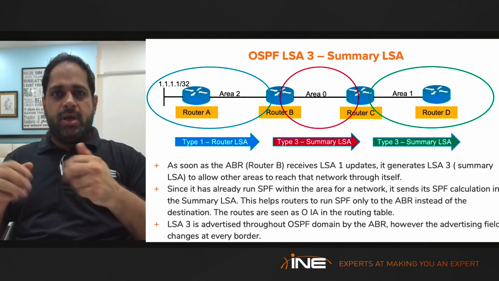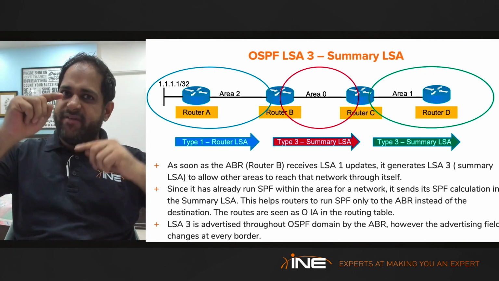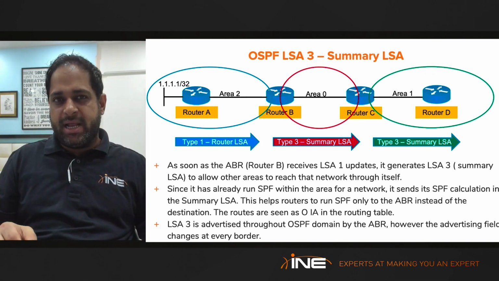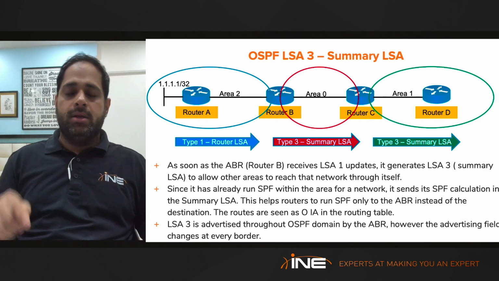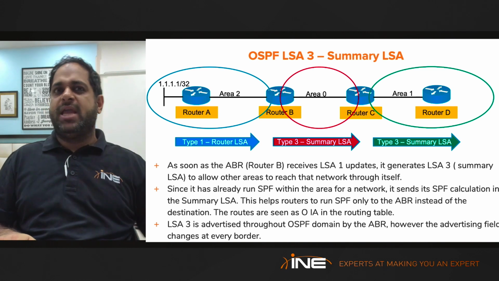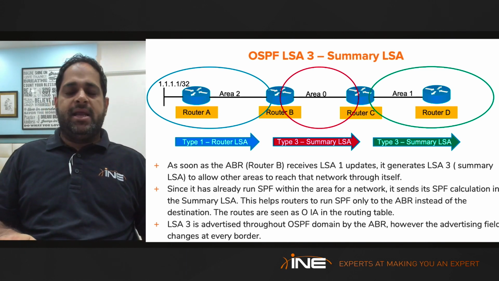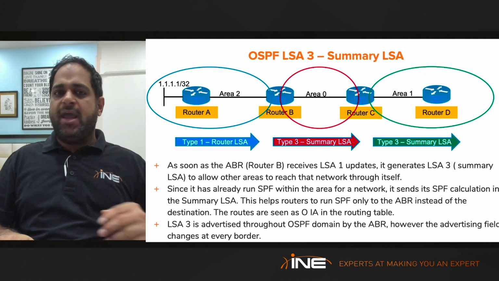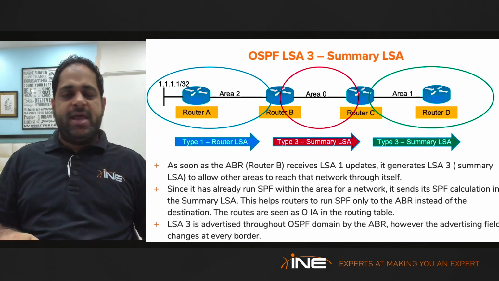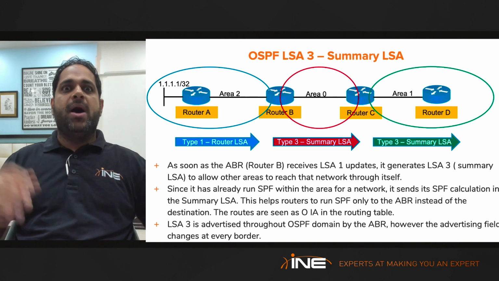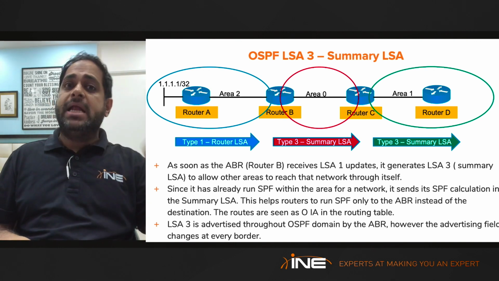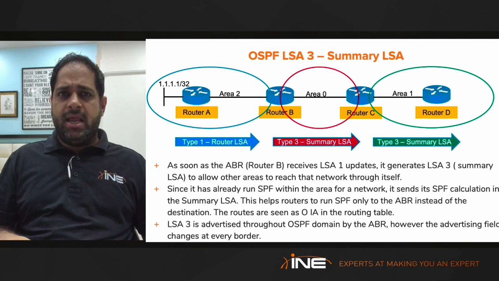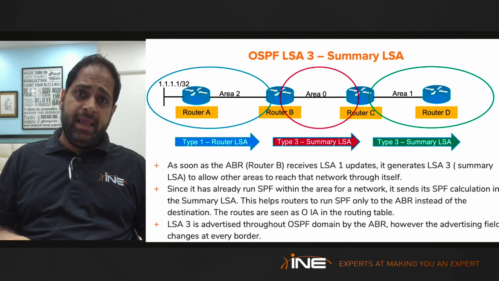When it crosses the border again, router C would modify and put himself as the advertising router along with his SPF and then advertise to area 1. So everybody in area 1 knows if I need to get to Vegas, I need to take an American Airlines flight from JFK, which is router C. All I do is run the SPF to the ABR and I get my best path cost. So this is LSA 3, which is prefix information of inter-area. It is represented in the routing table as OIA.